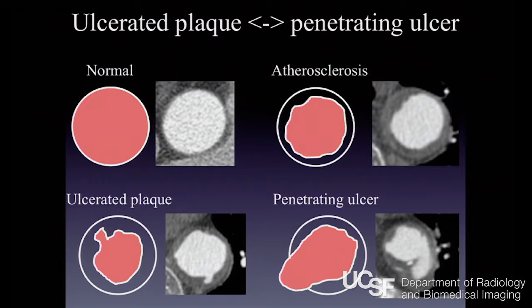What about these sort of variants of atherosclerosis? These are the ones we talk about, these sort of inflammatory variants of atherosclerosis: ulcerated plaque and penetrating ulcer. We can see here's normal aorta on the top left, atherosclerosis, and then ulcerated plaque is sort of an inflammatory subtype of atherosclerosis where you get a little crater that extends into the atherosclerosis, but intima overlies that entire crater.